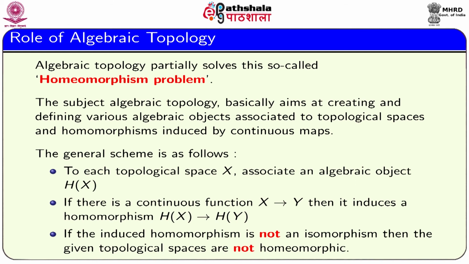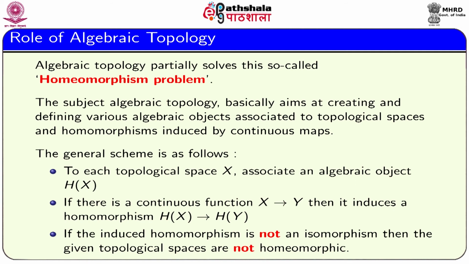But the converse may not hold. That means, if we have an isomorphism between Hx and Hy, we cannot claim that there exists a homeomorphism between X and Y.